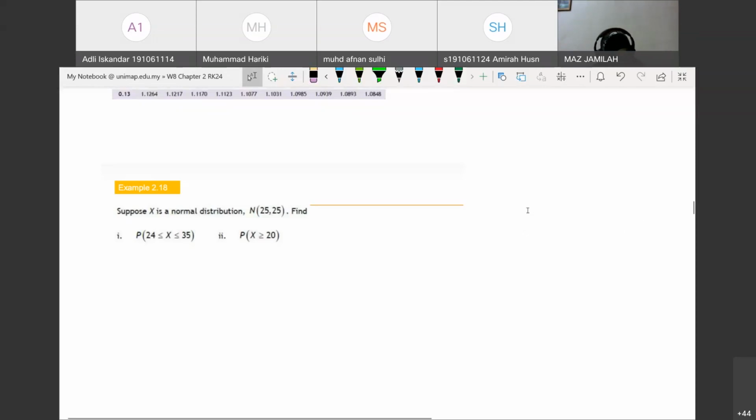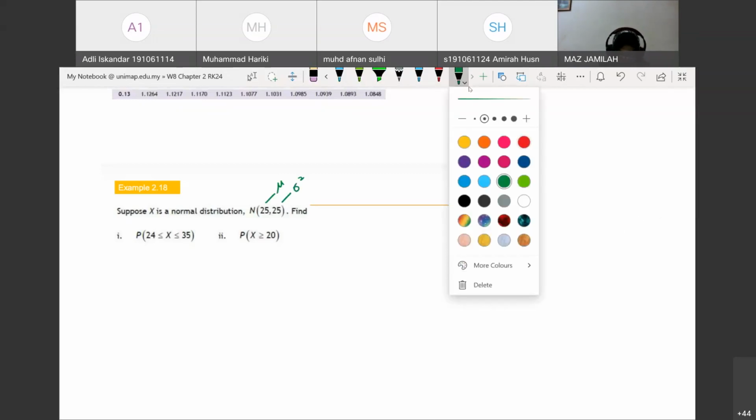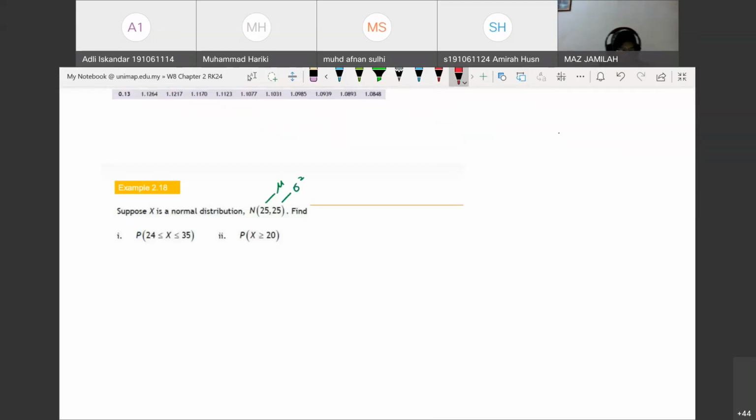Suppose X is normally distributed with mean 25 and variance 25. Now find P of X greater than or equal to 24 and less than or equal to 35.